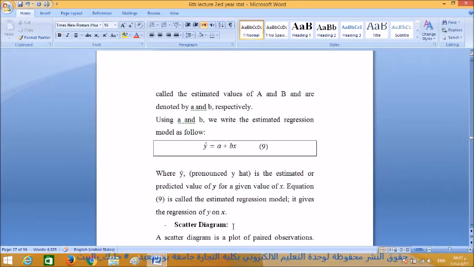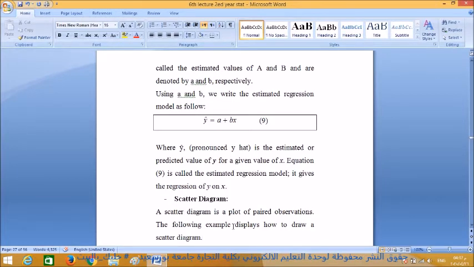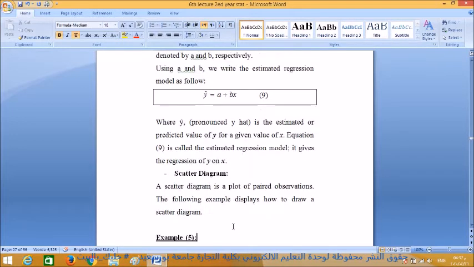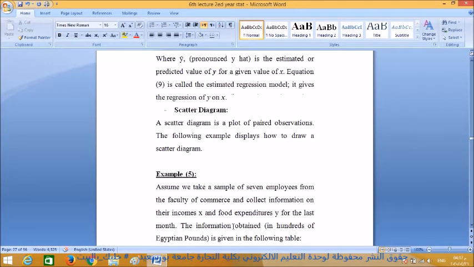Scatter diagram. A scatter diagram is a plot of paired observations. The following example displays how to draw a scatter diagram. Example 5.